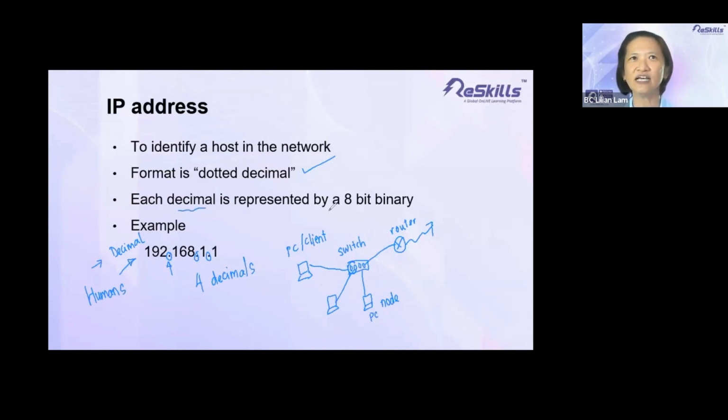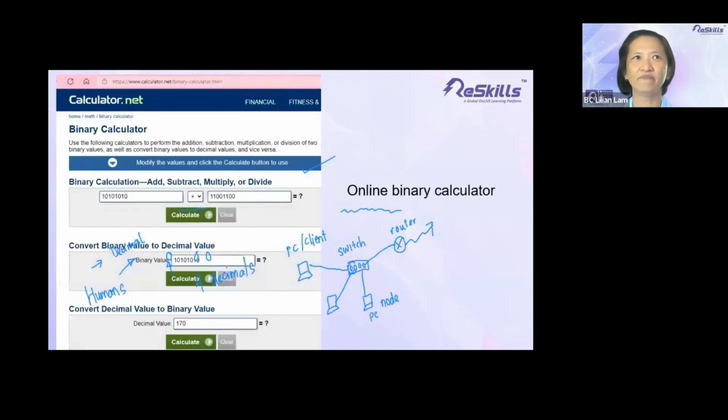Each decimal is actually represented by an 8-bit binary. So in order to represent an IP address, we actually need to convert it to a binary format.